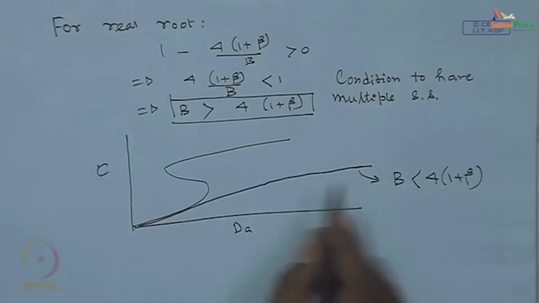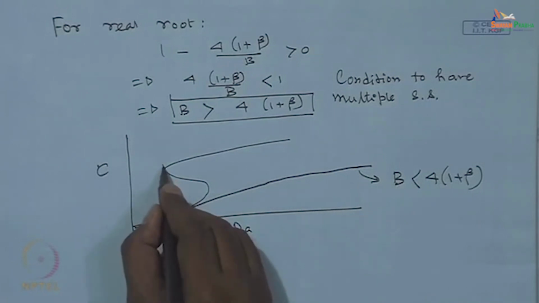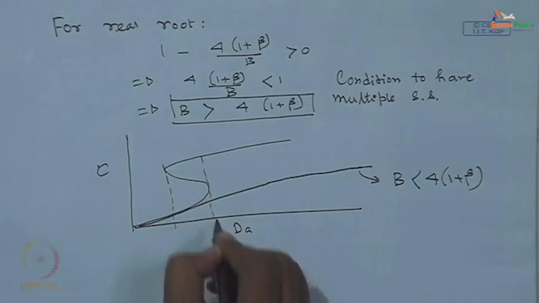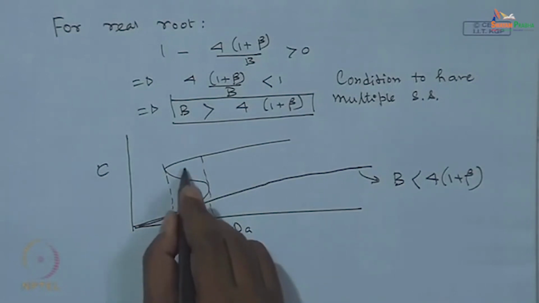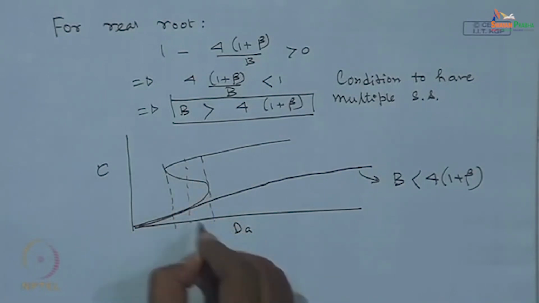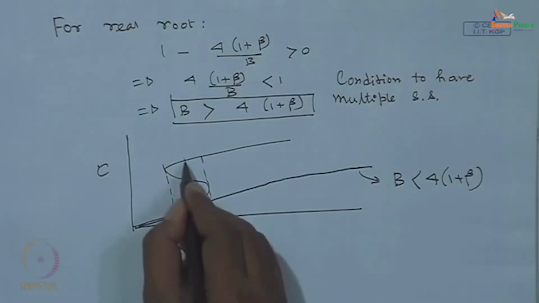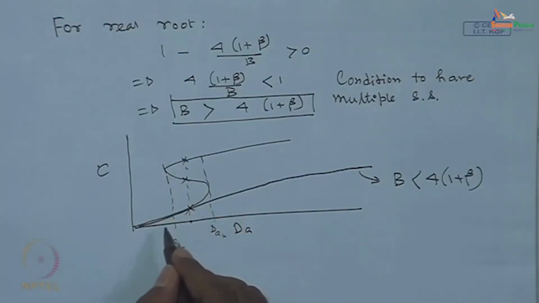On the other hand, for any Damkohler number between Da upper and Da lower, there will be 3 steady states, or multiple steady states, existing for this problem.